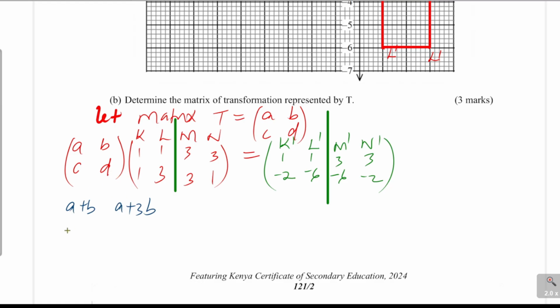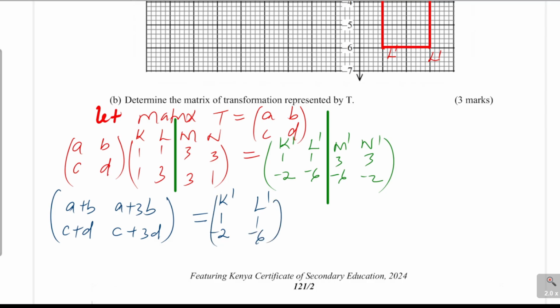Row 2, column 1, C plus D. Then row 2, column 2 will be C plus 3D. So you can see I've used only K and L, which equals K prime and L prime. So these will be 1, negative 2, 1, negative 6. Those two are enough because you're going to use them to form simultaneous equations.